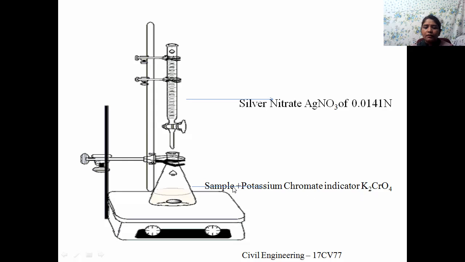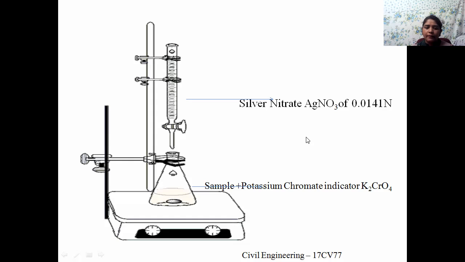The sample will first be adjusted to a pH between 7 and 8, and then the indicator is added. It gets a yellow color. Initial burette reading is noted down. It is titrated against silver nitrate till brick red appears. The final burette reading is noted down. Final minus initial burette reading will give you the volume of titrant added as capital A.